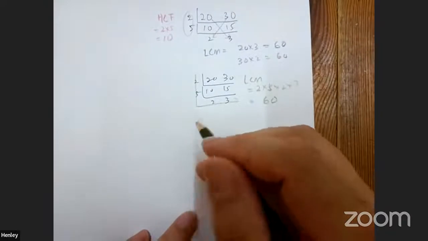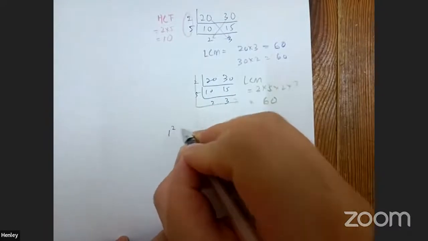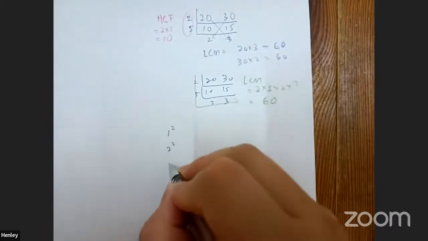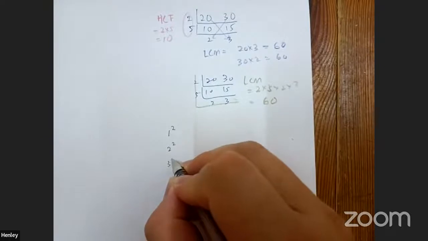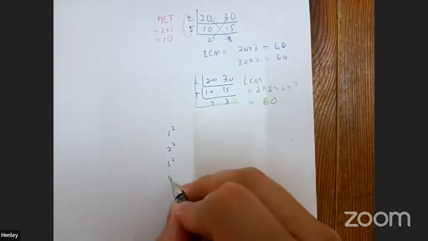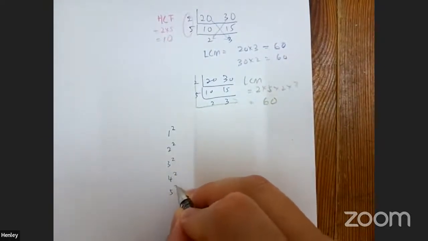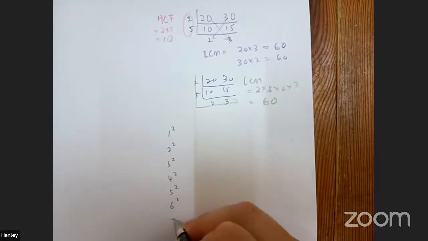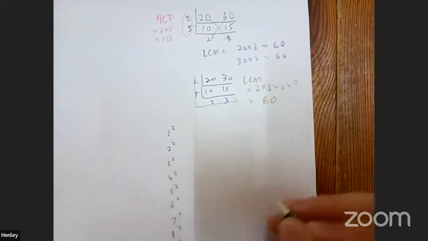Sometimes also about the cube number. This is the example I give you. So you need to write 1 power 2, 2 power 2, 3 power 2, 4 power 2, 5 power 2, 6, 7, 8, 9, 10.